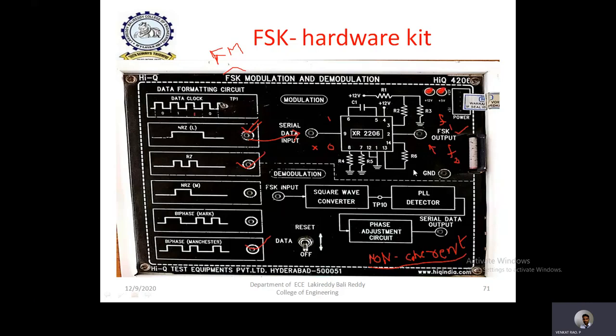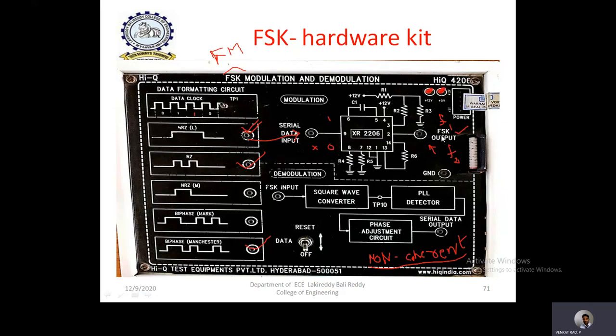But here the question is, where is the carrier? There is no carrier signal mentioned, but in frequency modulation or FSK kits, the default output of the modulator without connecting any input is nothing but the carrier signal.